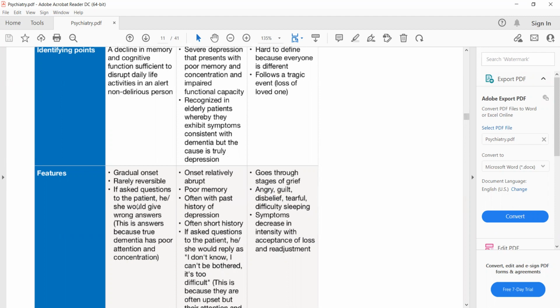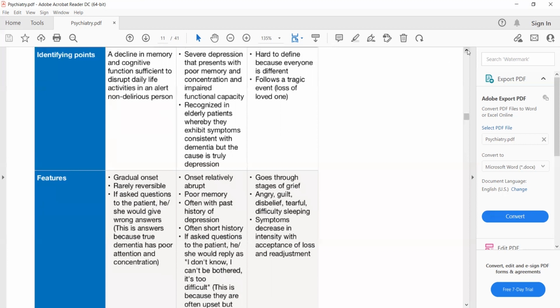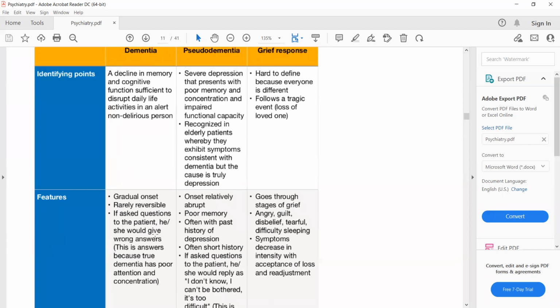If asked questions, the patient with dementia would give wrong answers.